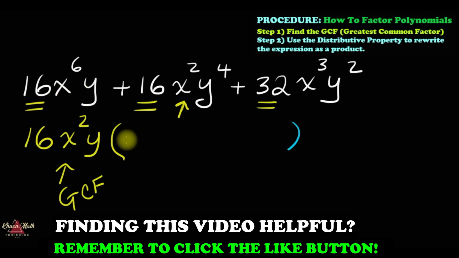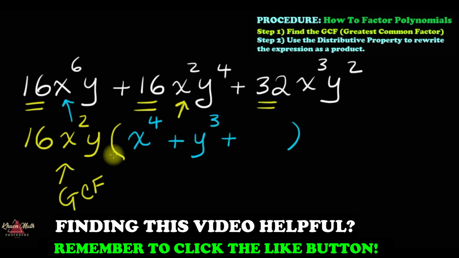Looks like it's just going to be x to the 4th, because x squared goes into x to the 6th x to the 4th times. And then here it's just going to be 1. And then 16 goes into 16x squared y to the 4th. Well, that's just going to be y to the 3rd.